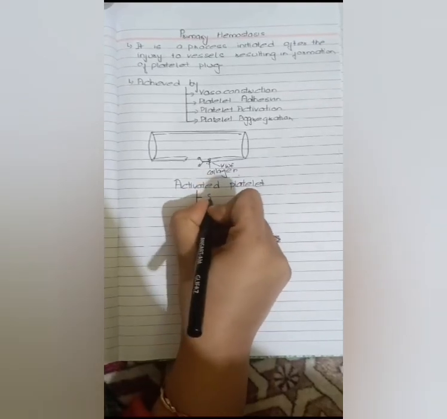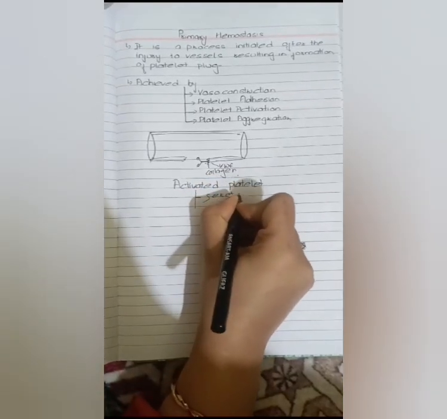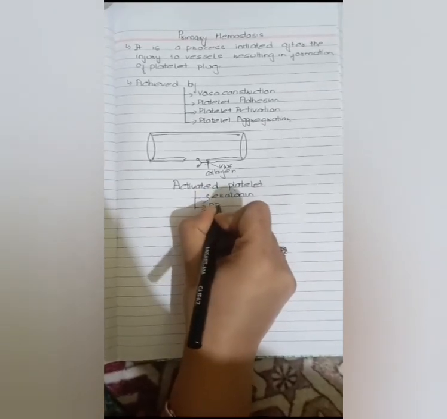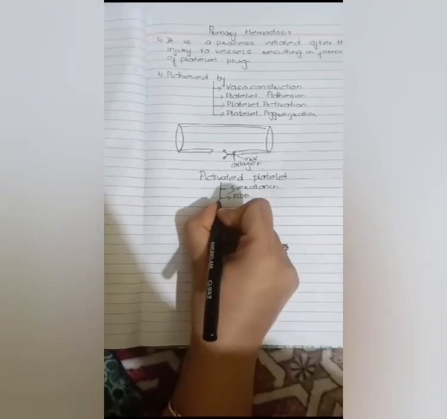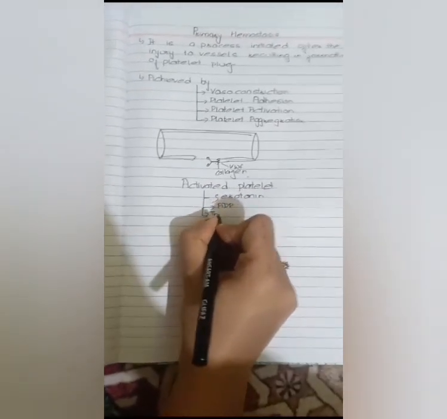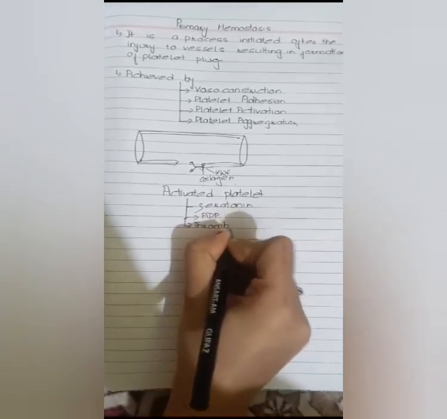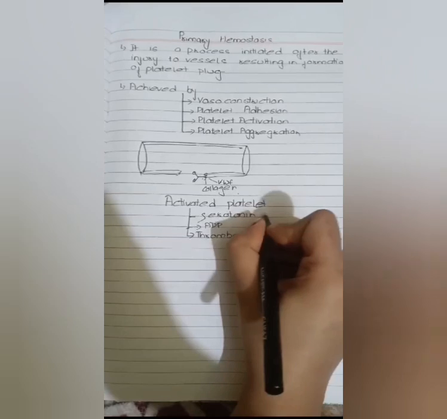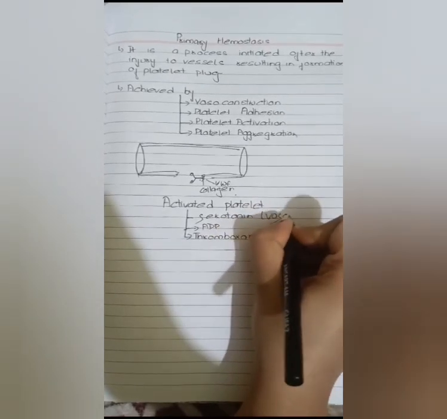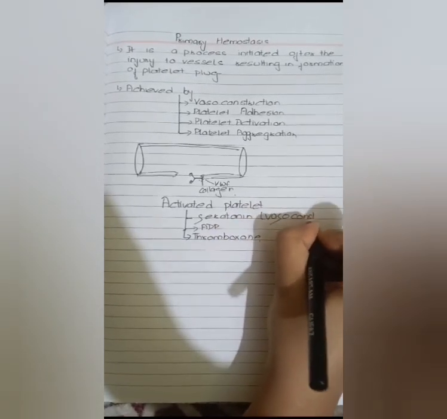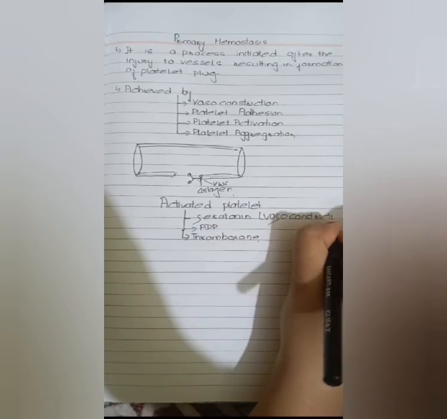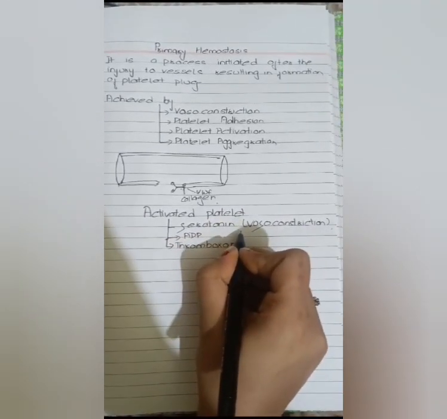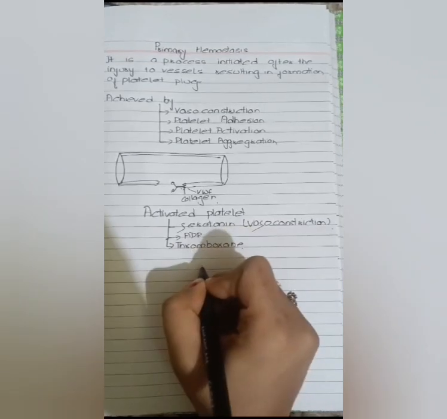serotonin, ADP, thromboxane. Serotonin causes vasoconstriction, which reduces the injury area, hence decreases the bleeding.